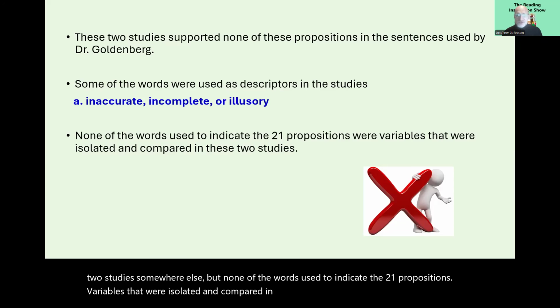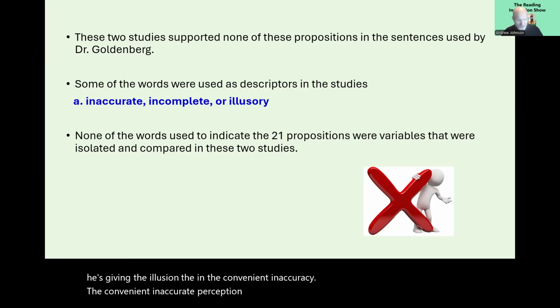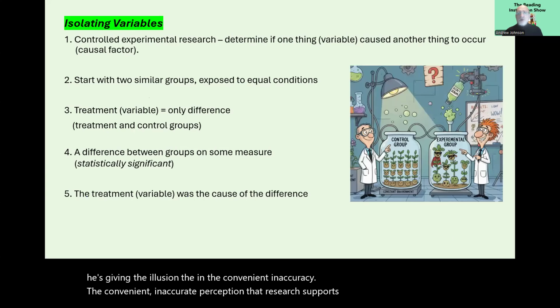And that's important because he's giving the illusion, the convenient inaccurate perception, that research supports these 21 propositions.